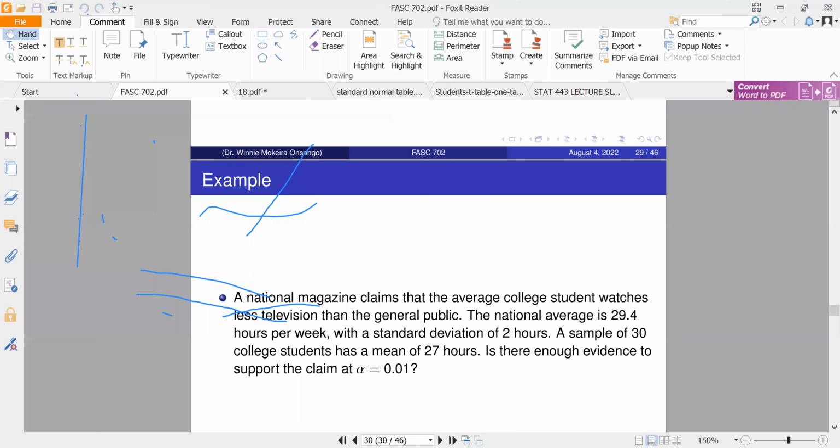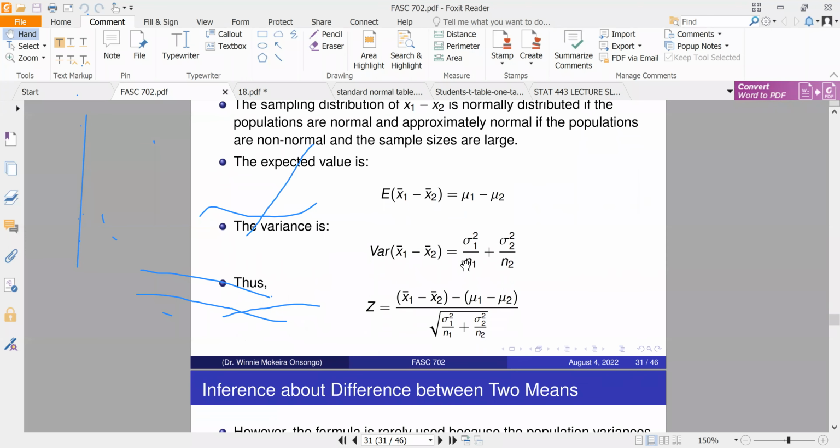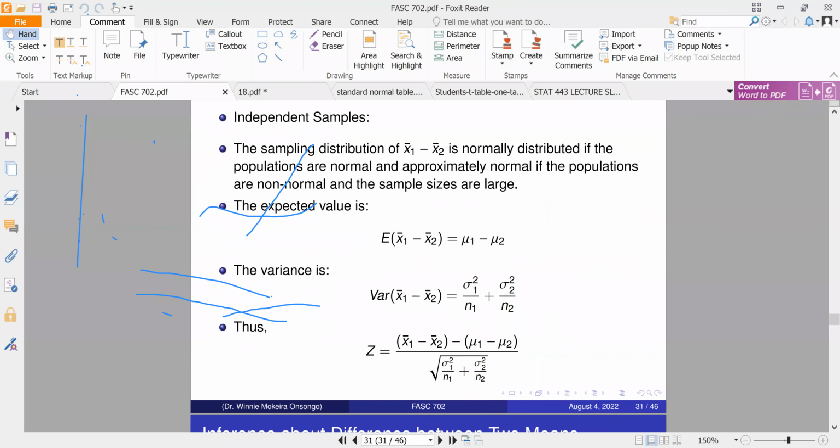But what we are having down here is for two parameters because you have two populations. So you have the difference of means, less their expected value, divided by their corresponding standard deviation. That is how we obtain the statistic for two population parameters, the difference between two population means.